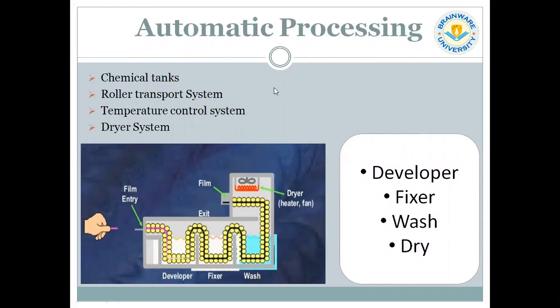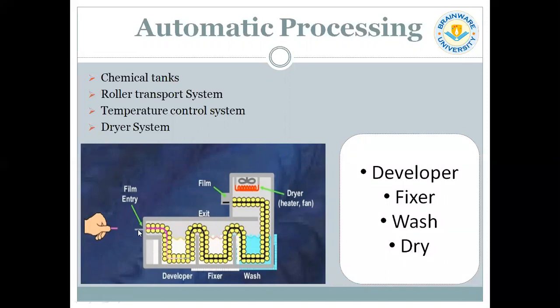So in this picture, you can see these are some rollers used to transport the film through various tanks. So this is the developing tank, fixing tank, this is the washing tank, and this is the dryer, which contains one fan and one heater.